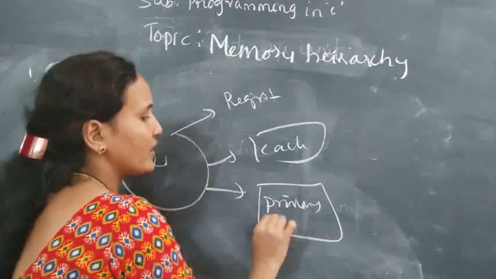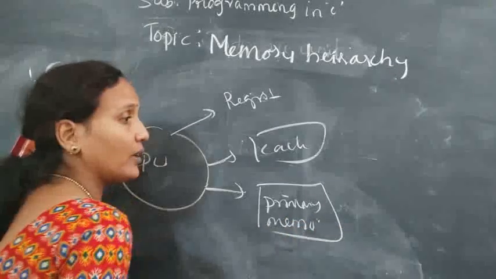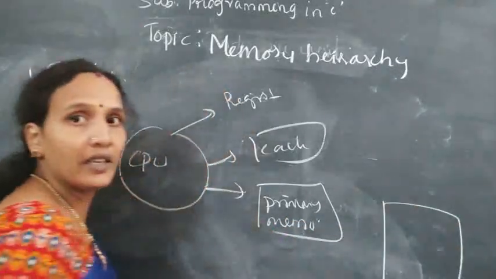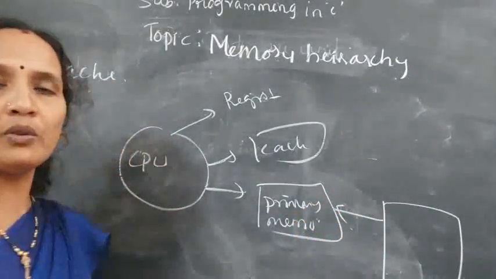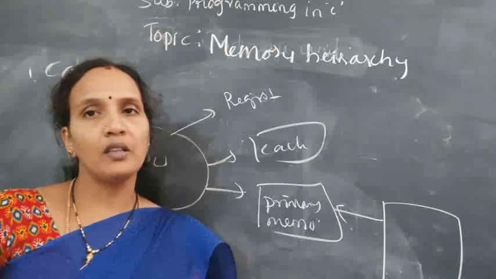Only from these three units it can take information. Secondary memory is there, but whatever files are in the secondary memory should be transferred to the primary memory, because the CPU cannot communicate with the secondary memory.